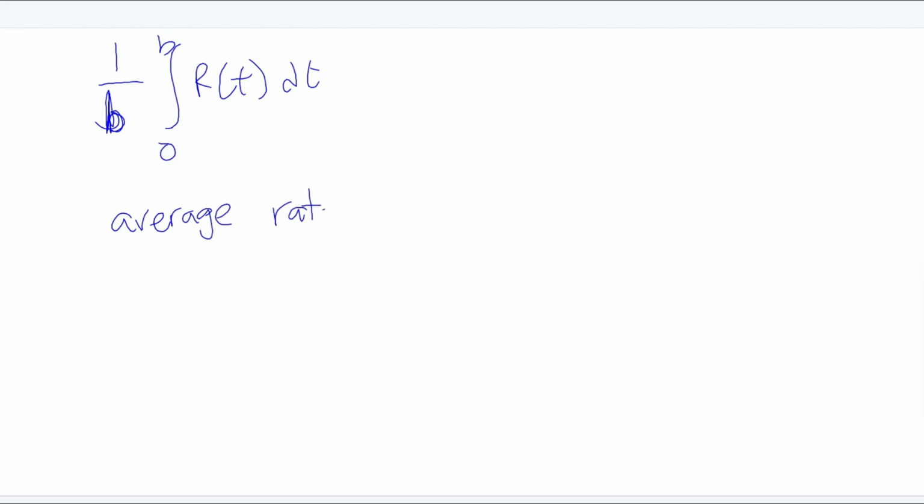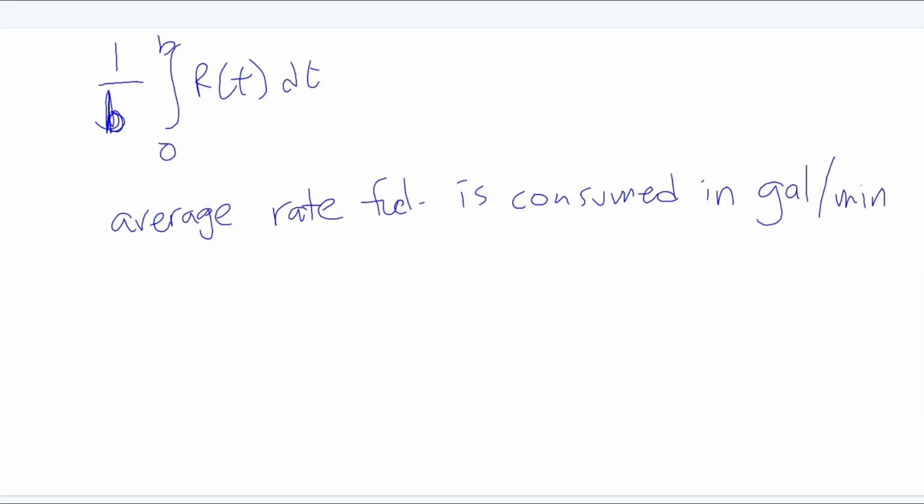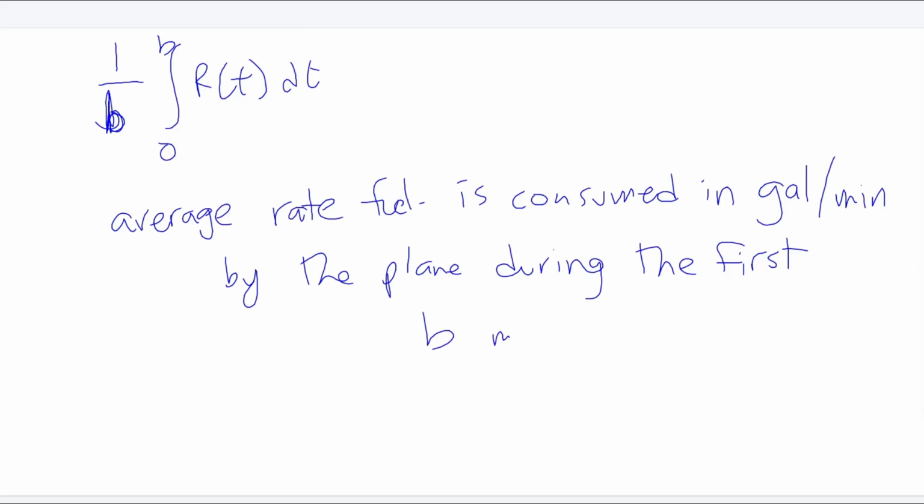So it's the average rate fuel is consumed, and our units were gallons per minute. So in gallons per minute by the plane during those first b minutes.